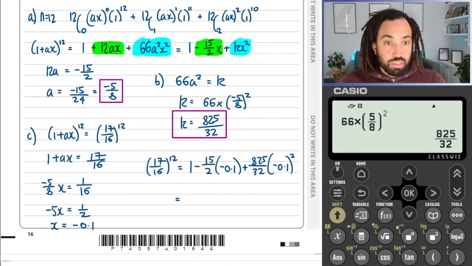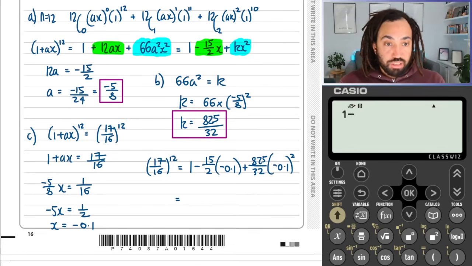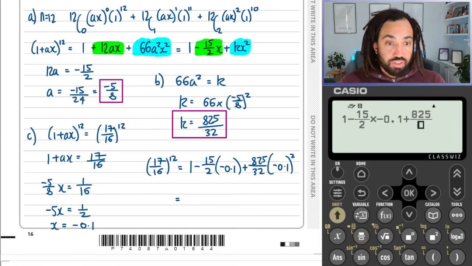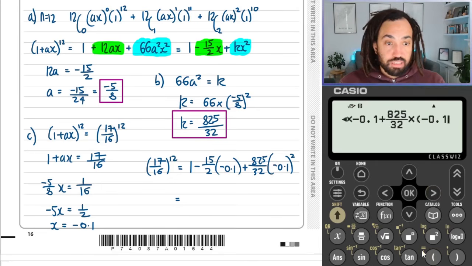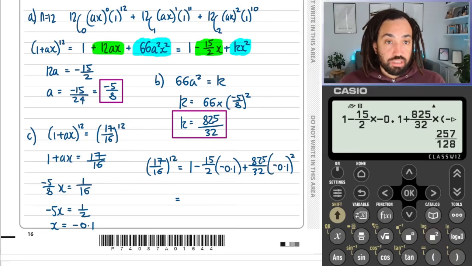So we'll do 1 minus 15 over 2 times minus 0.1 plus 825 over 32 times, I better put that in brackets, because when we square a negative like that, I want to make sure that we get the correct answer.